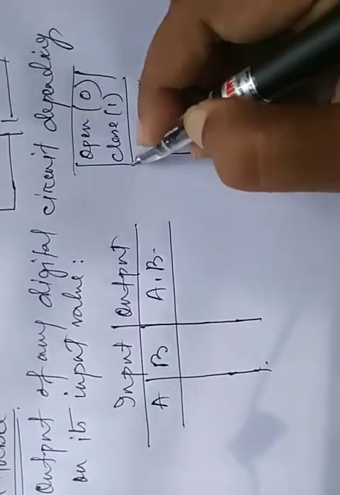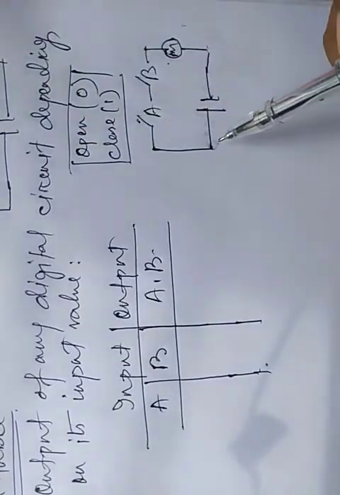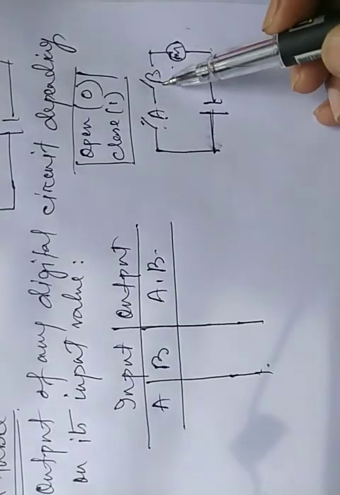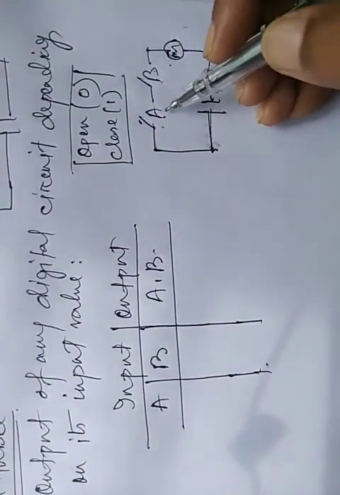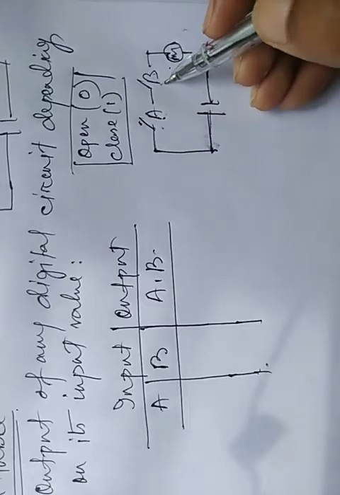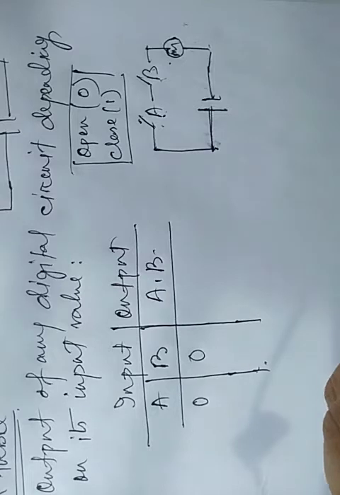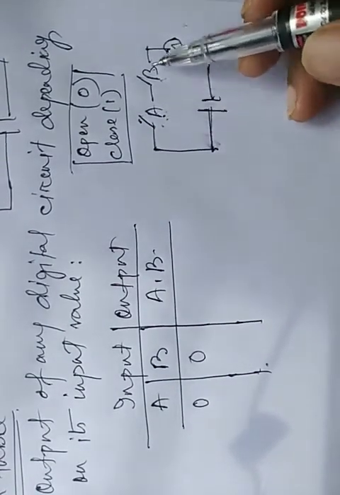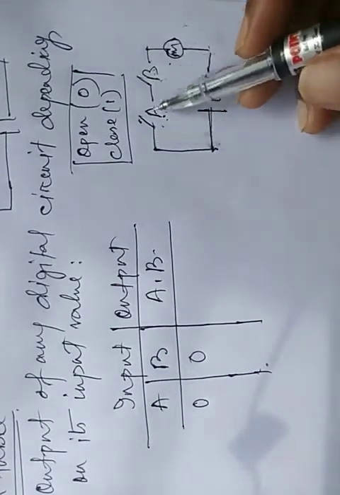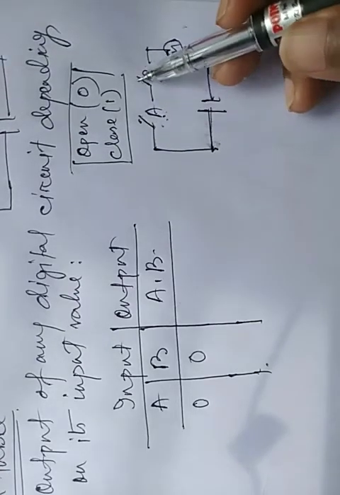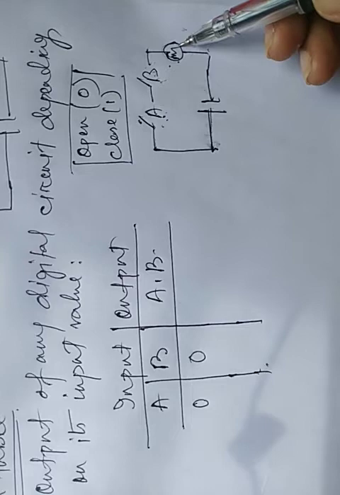Okay, so let us check all the conditions of the truth table. When both the switches are open, that means A is 0, B is 0. Obviously current will not flow through this circuit, because the switches are open, so the bulb will not glow.